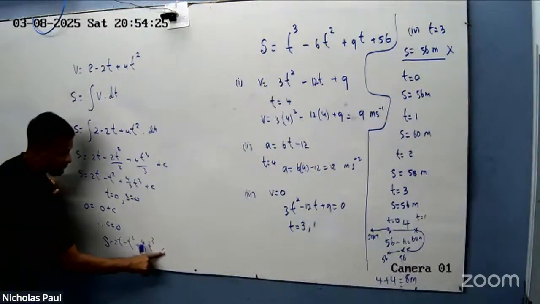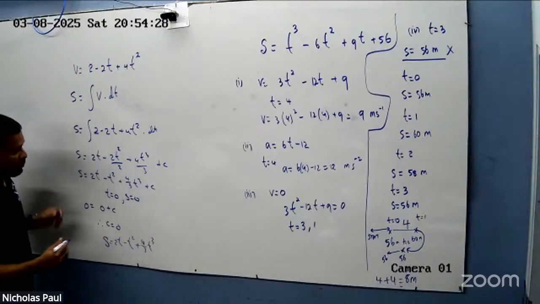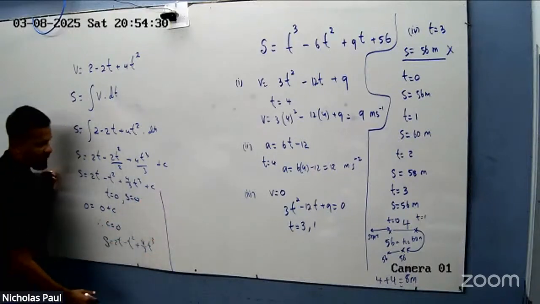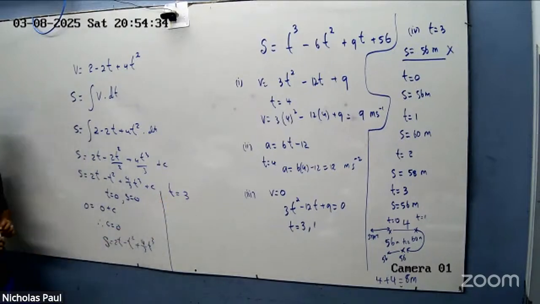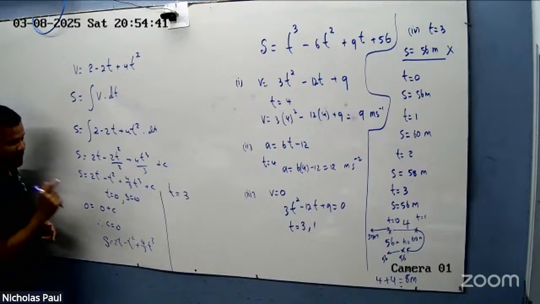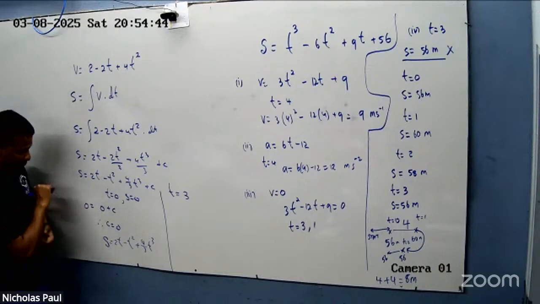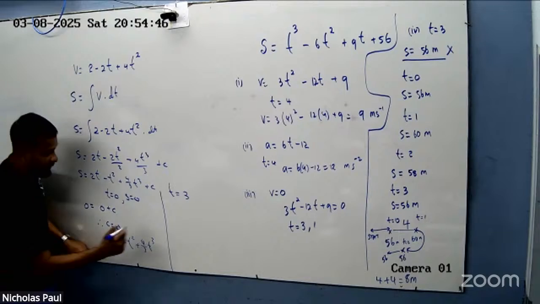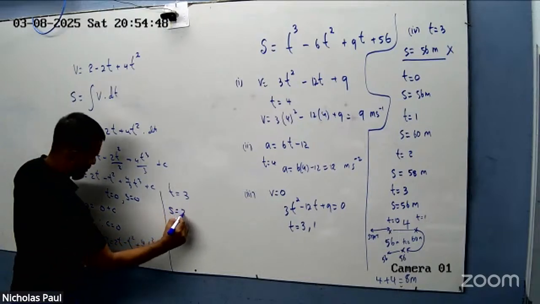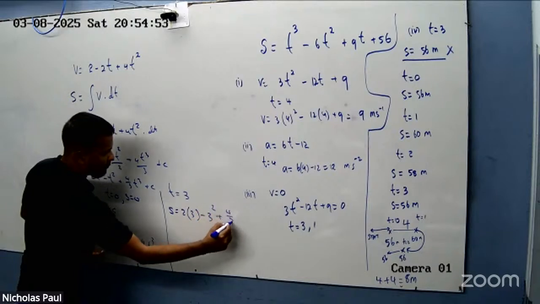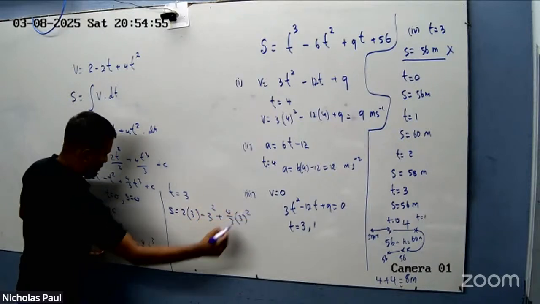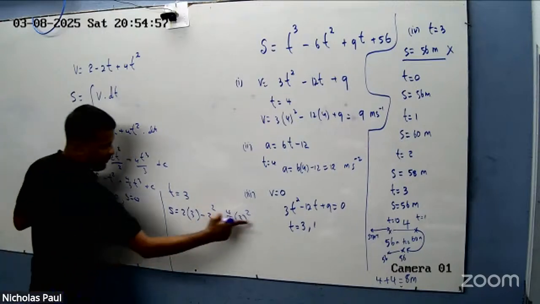Now, what do they want? They want the displacement when t is equal to 3. That's all they want. So this equation will give you that. So I'm plugging in t is 3 here, and 3 cubed.